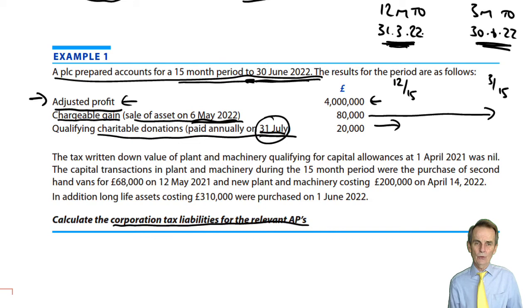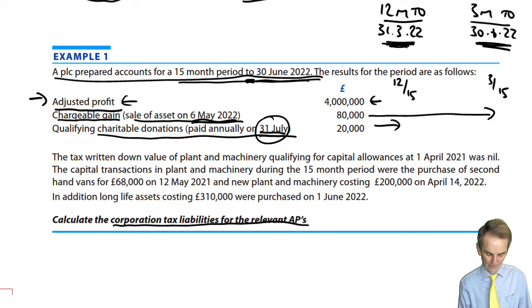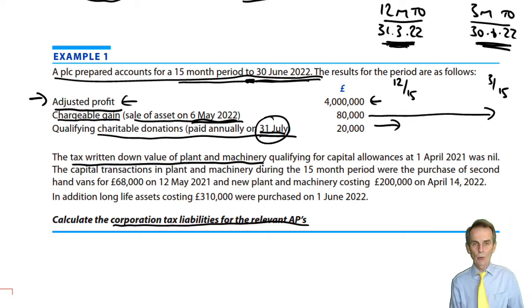You're going to have to also do here the separate capital allowances computations, and again, plural computations. One for the 12 months to March, the other the 3 months to June 22. So what are we given here? We've got, of course, any tax written down values brought forward. What would they be brought forward on?